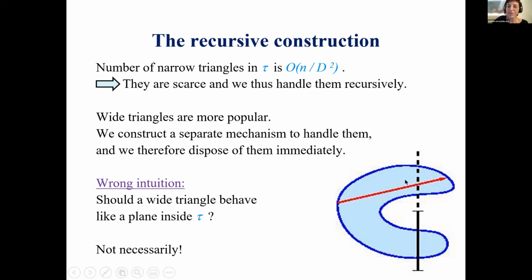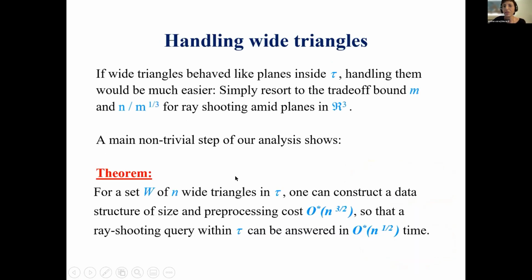The blue area is the cell tau, and the black segment is a cross-section of the triangle. If we take the plane that contains the triangle, then we may get a false positive answer because the query ray may hit the plane but not the triangle. And therefore, it is not very easy.